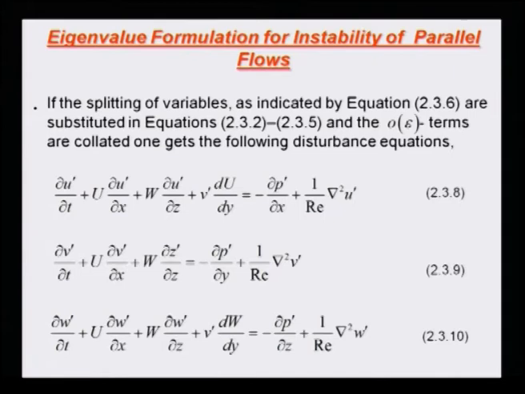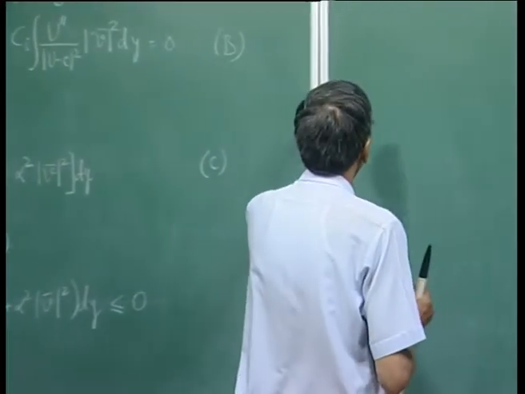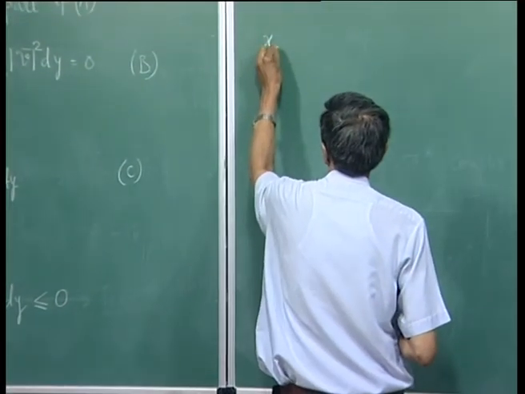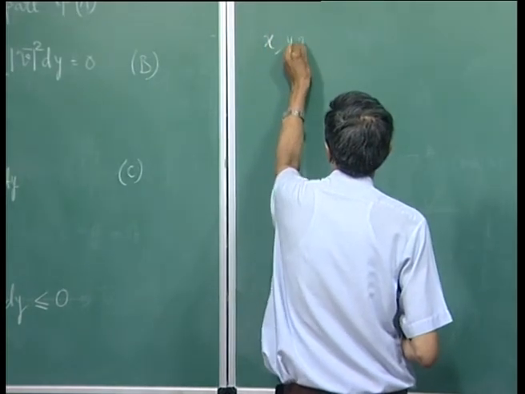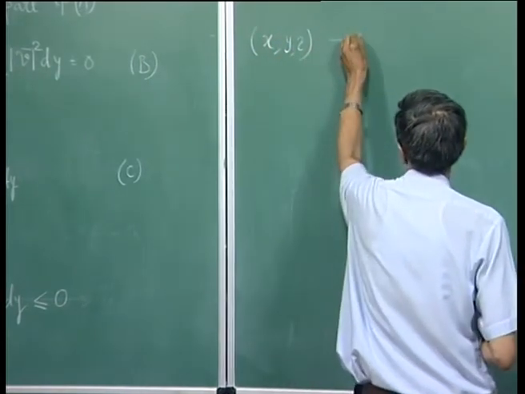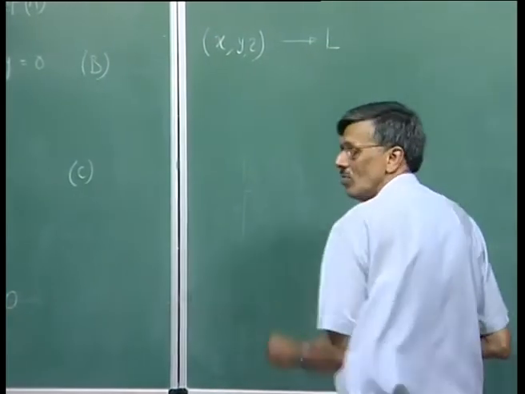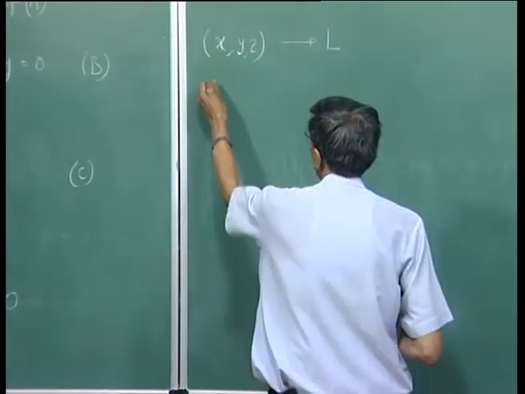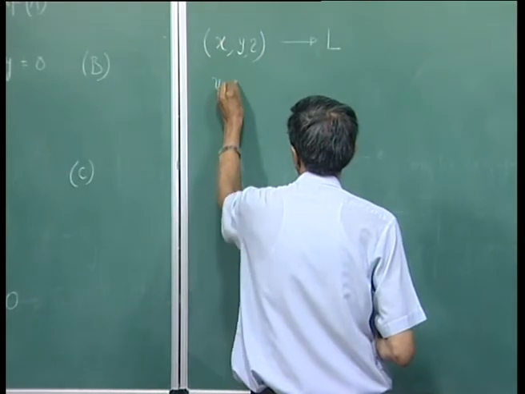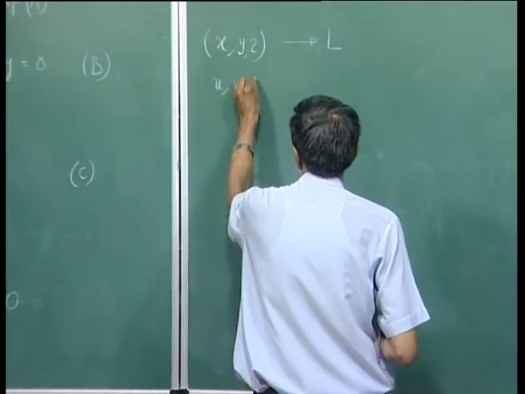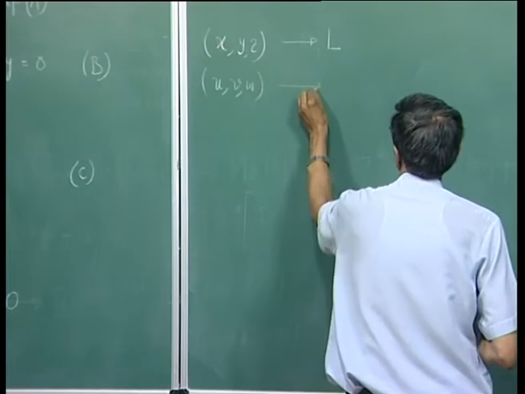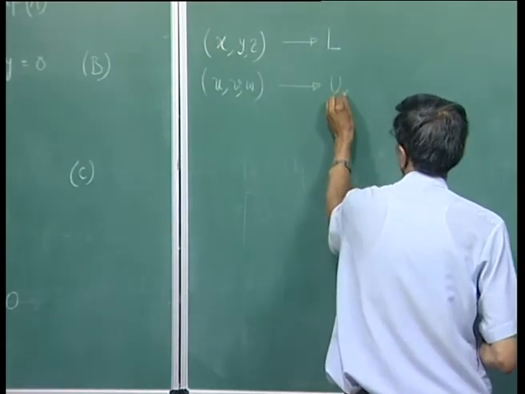So, what you do is basically you assume some kind of a length scale and some kind of a velocity scale and write down the Navier-Stokes equation in those things. So, let us say for length scale, if you have x, y, z, you refer it to some length scale L, and the velocity components, the total quantity, we will talk about this.